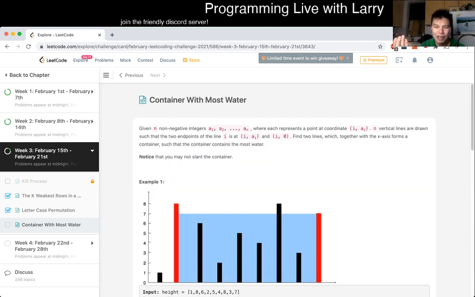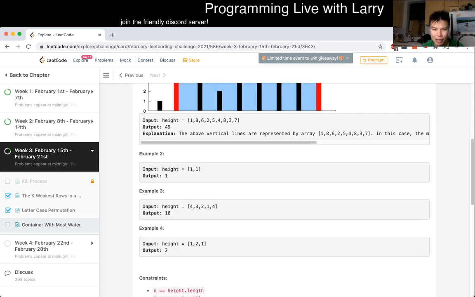Okay, and then the question is, now let's say we have that query that we have to do for each line. How do we do it in an efficient way? So let me write this down real quick.